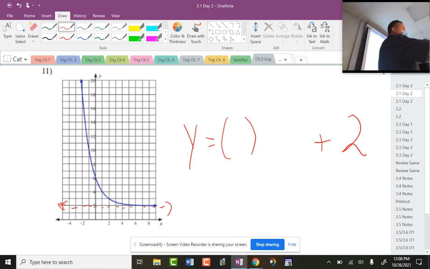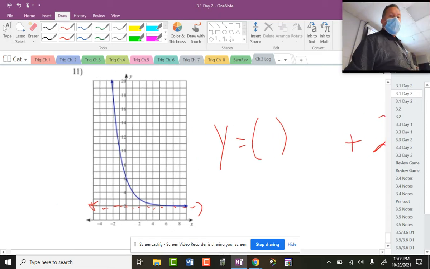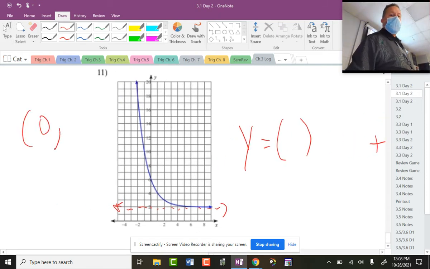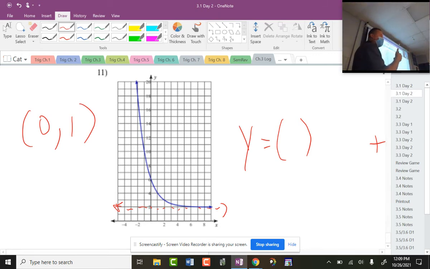Now, the first thing you're going to have to do is graph. The most important input point is where did the 0 power rule coordinate go? For the parent function, where did 0 comma 1 end up?